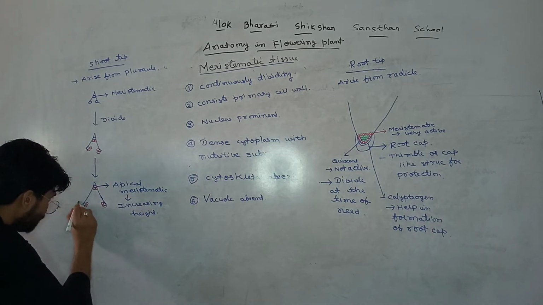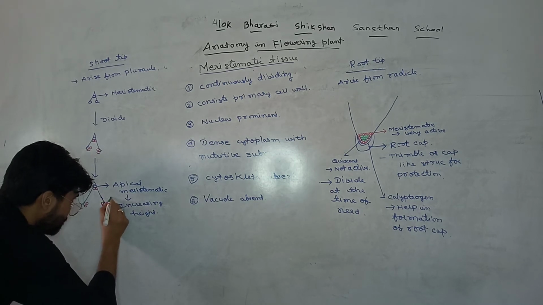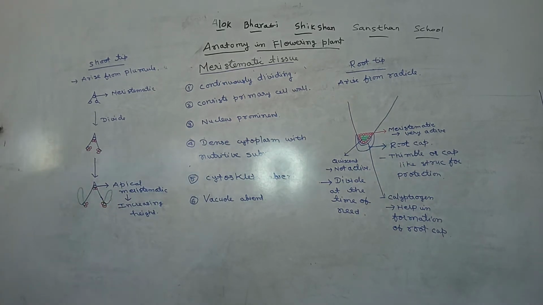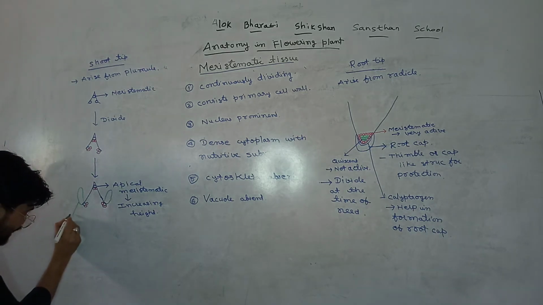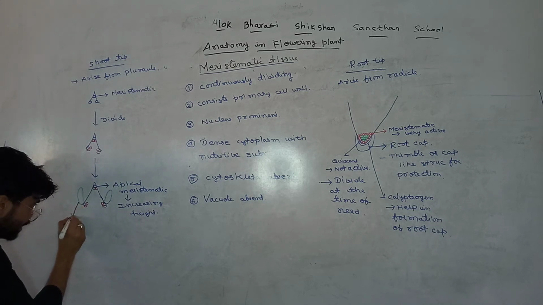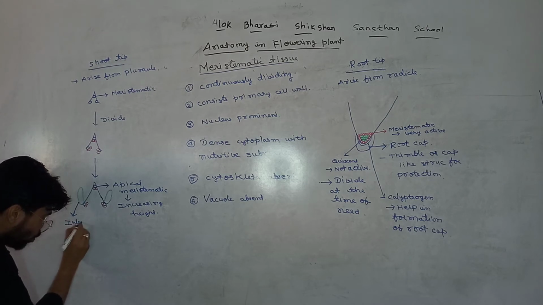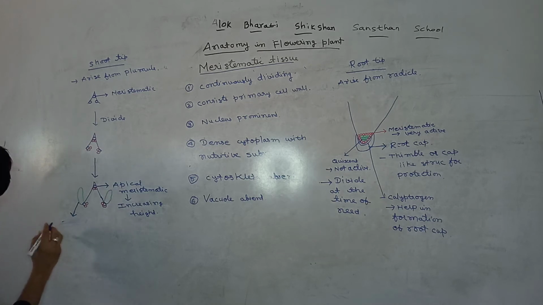So I am making the figure of the leaf primordium from here, and this tissue is known as intercalary. And this intercalary is responsible for the node or the internode. Intercalary, I am writing it here.